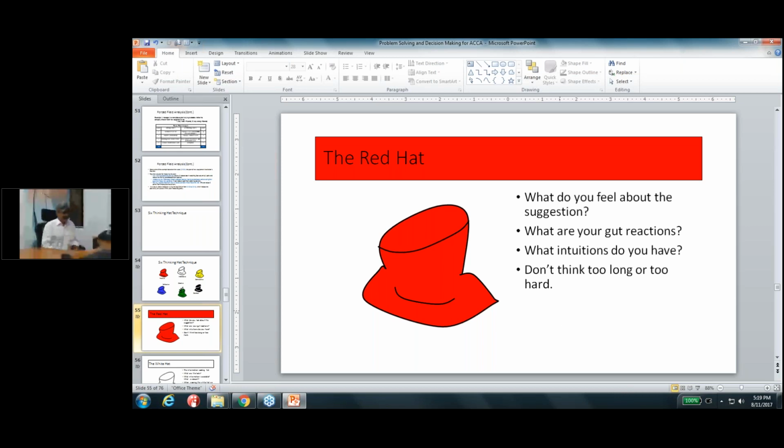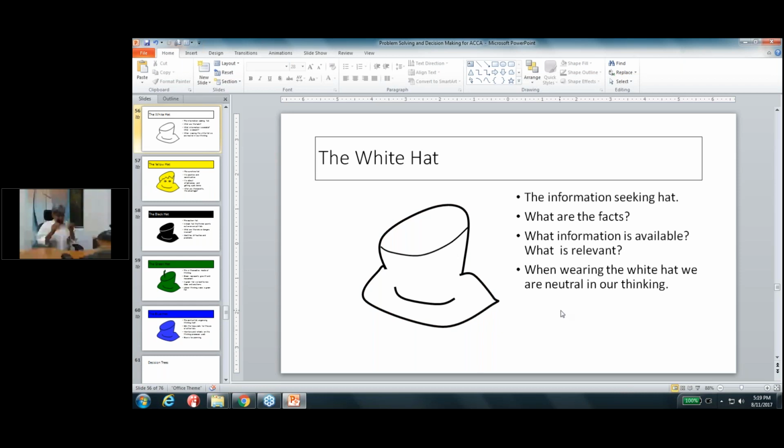Then we have the white hat. The white hat is the one asking about the data, more information. It is the second part of the process, gather information. There are people who ask where is that data, where is that information. They look into the information, they need to get the data in order to find out what actually is the case.